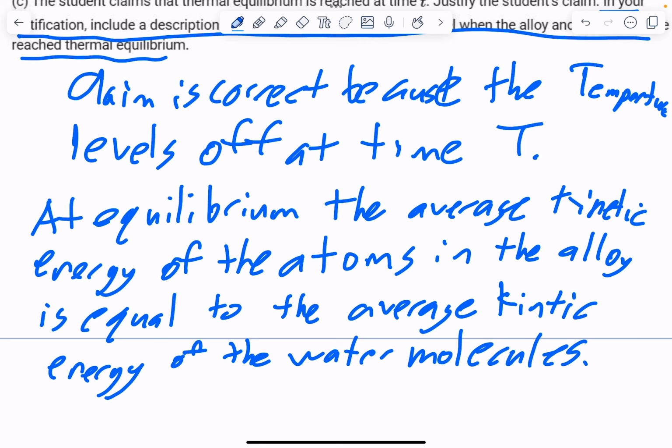Sorry, this gets lengthy. We could probably write that a little simpler. We could say at equilibrium, the average kinetic energy of the alloy and the water molecules are the same, or something like that. But this is definitely what you're looking for to write.